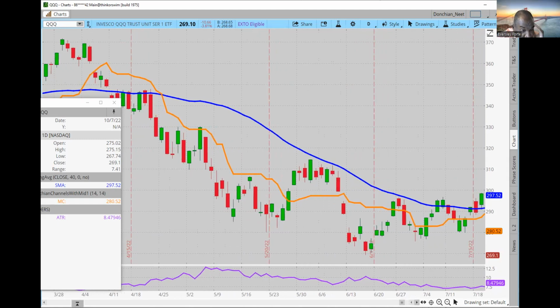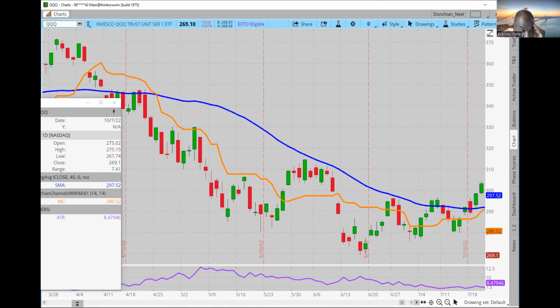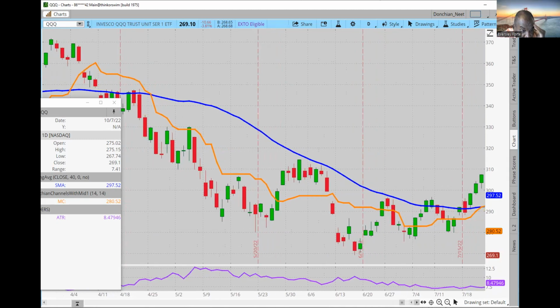No, no trade signal. Did the orange line cross the blue line? No. Did it cross? Hey, wait a second, it looks like it might have crossed, but I can't see it with my eyes, so I can either zoom in on the right side or look at the data bar. And yes, the orange line crossed the blue line. Okay, perfect. I have a valid trade setup. That's how simple it is to find the opportunity.